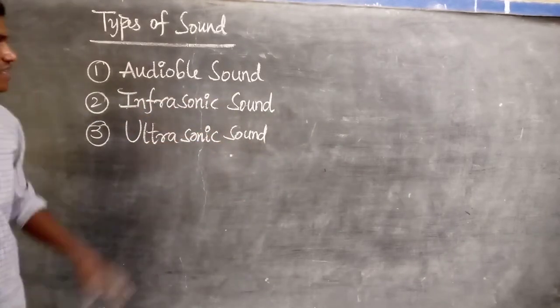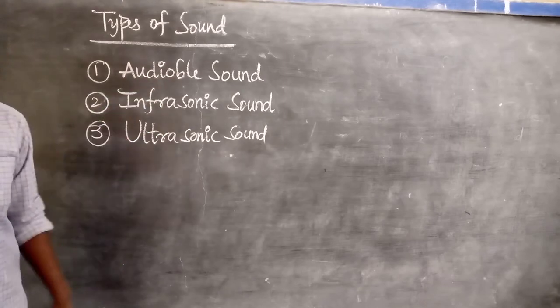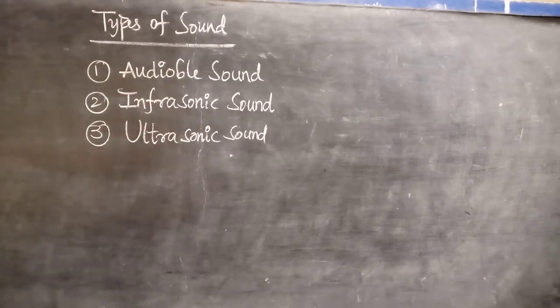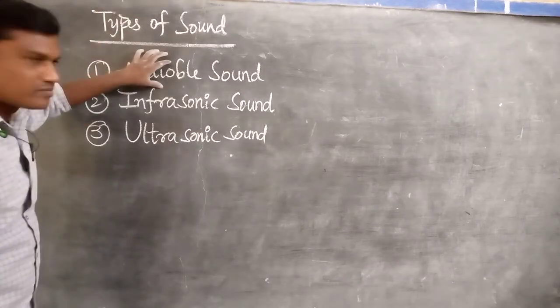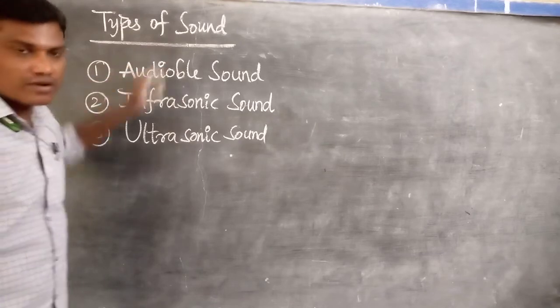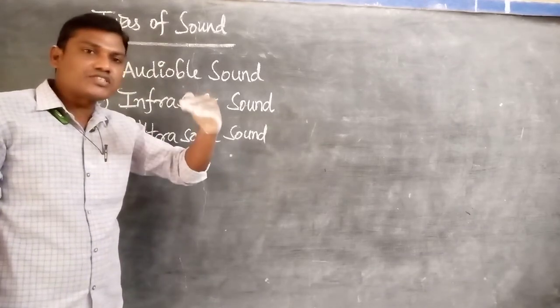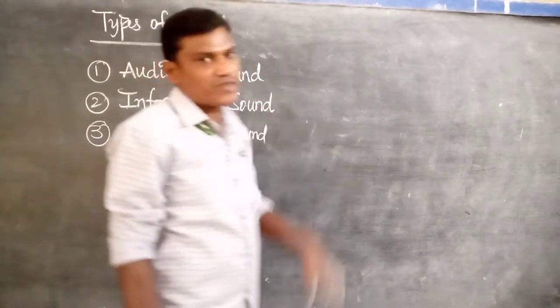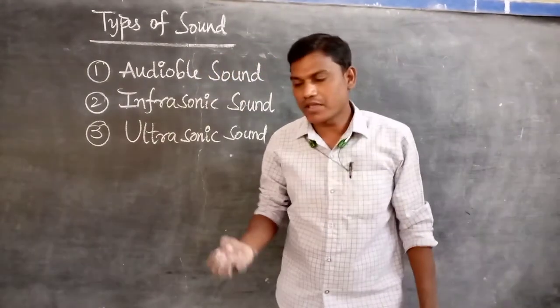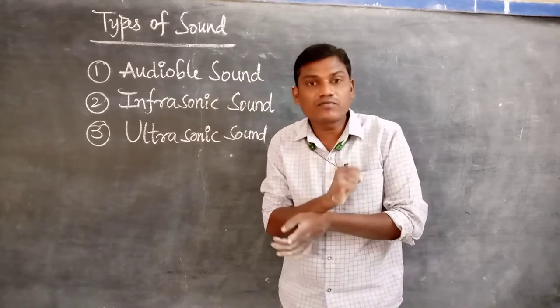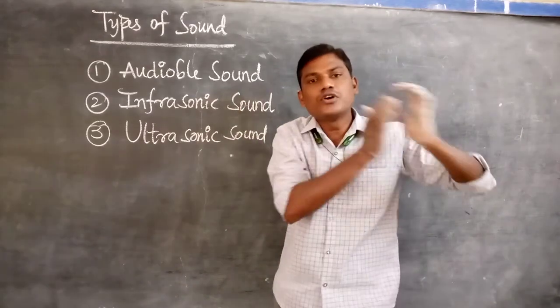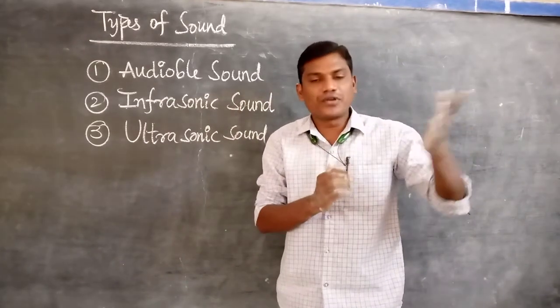I will explain each and everything clearly in the next video, but now I will give a simple idea of what it is. The frequency of sound lying between 20 Hz to 20,000 Hz is what our human ear receives, that is 20 Hz to 20,000 Hz or 20 kHz.